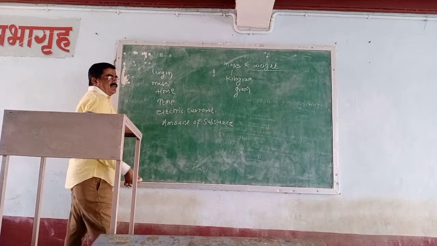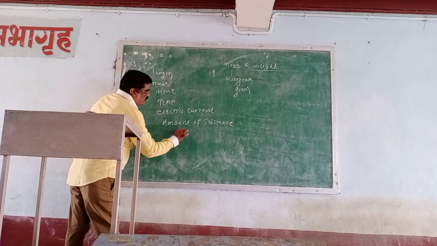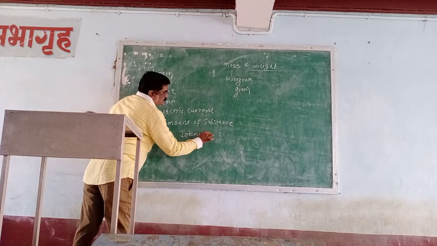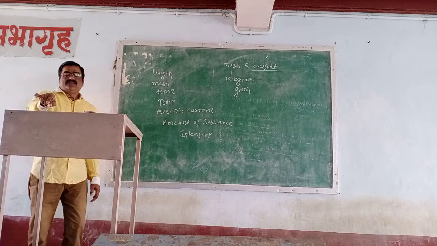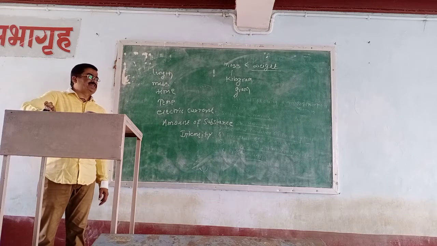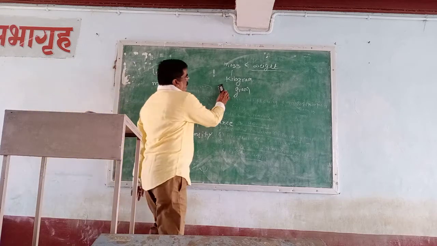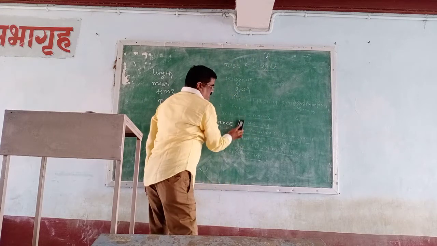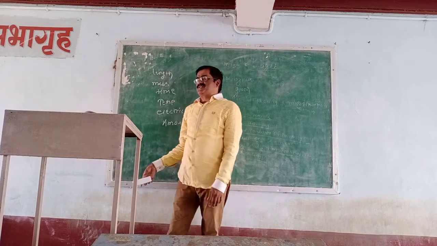And the final one, that is the luminous intensity. These are the fundamental units which are proposed or given by the International System of Units, that is the SI system.